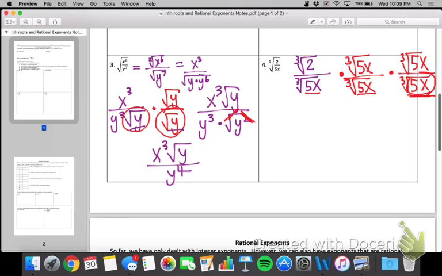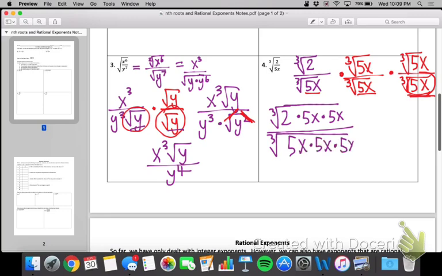So in the numerator, I get cube root of 2 times 5x times 5x, and in the denominator I get cube root of 5x times 5x times 5x. Or another way to write that would be, instead of writing out 3 5x's, I could write 5x parentheses to the 3rd power.